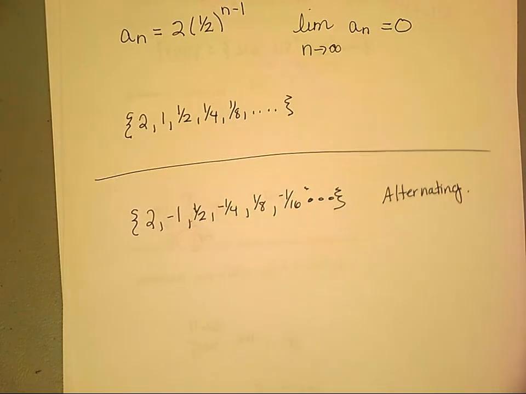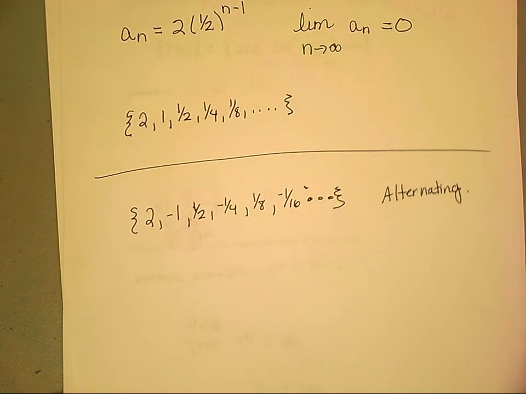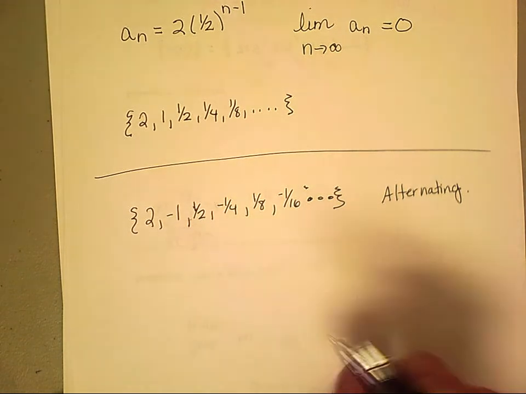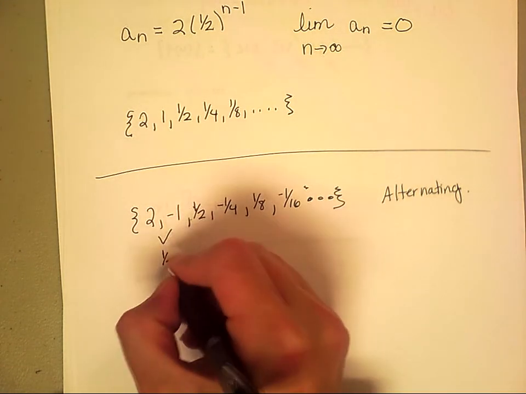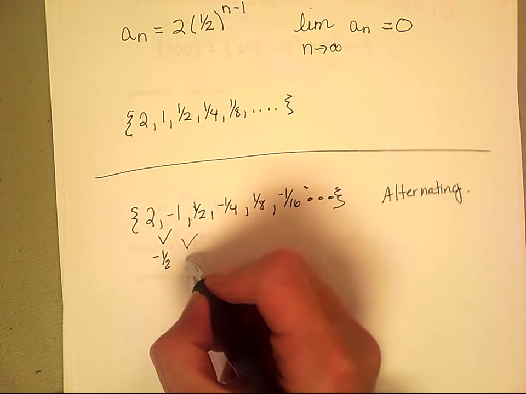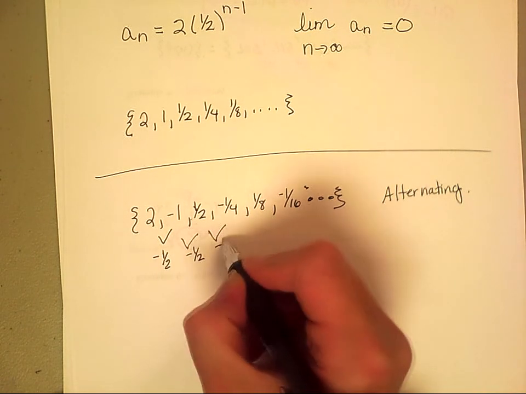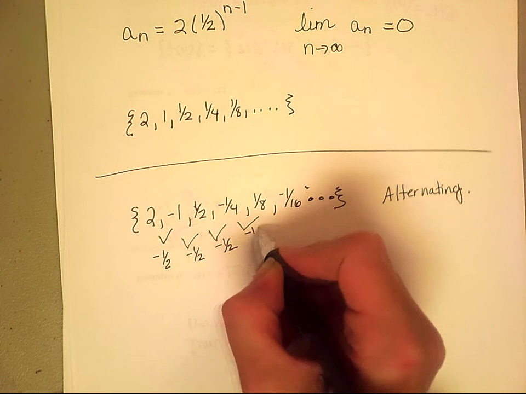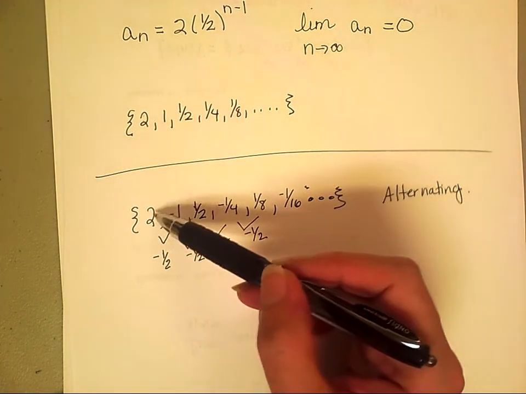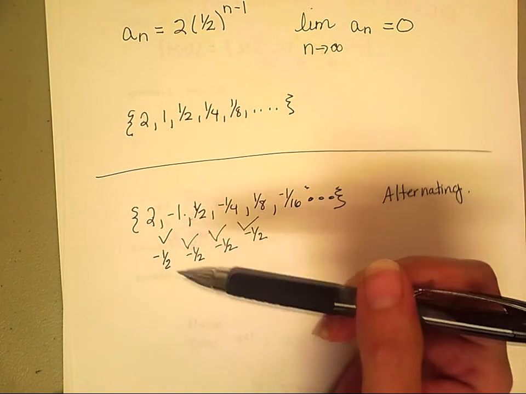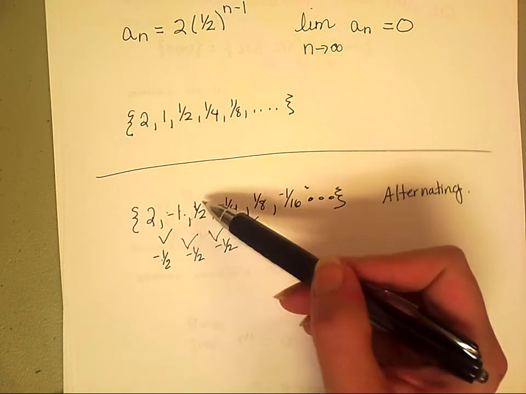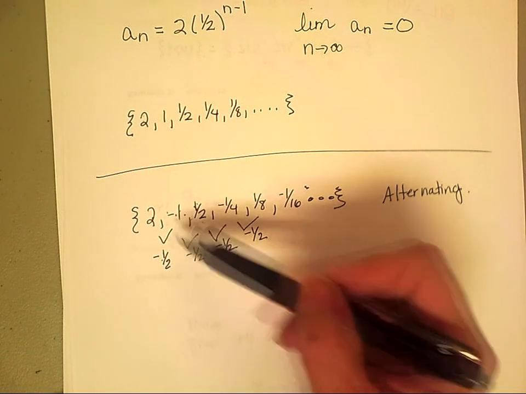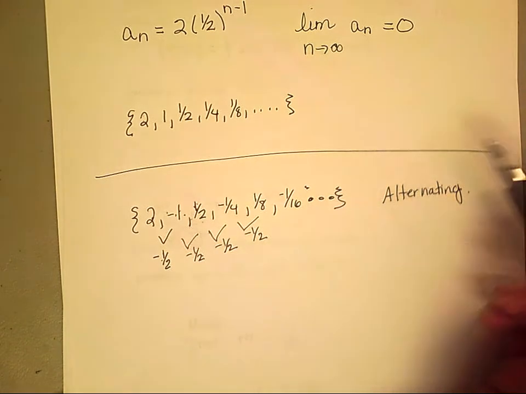So is this geometric? And if so, what is r? Well, this is negative 1/2. Between here and here, negative 1/2. Negative 1 divided by 2 is negative 1/2. Negative 1/2 divided by 1 is negative 1/2, etc.